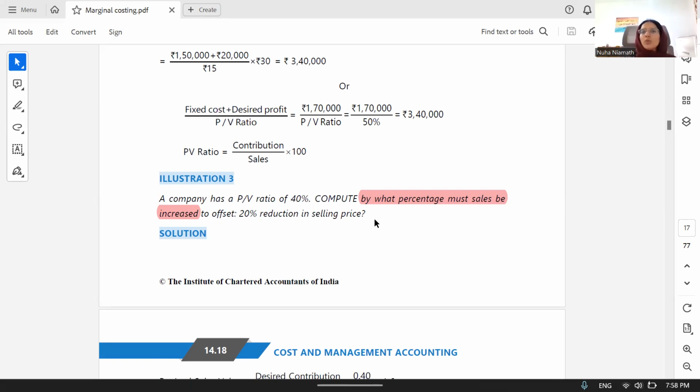So what is the question asking us? The question is telling us that the company currently has a PV ratio of 40%. And it is asking by what percentage the sales should be increased so that we can offset a reduction of 20% in the selling price. So what does this mean? We basically want to keep the contribution the same, right?